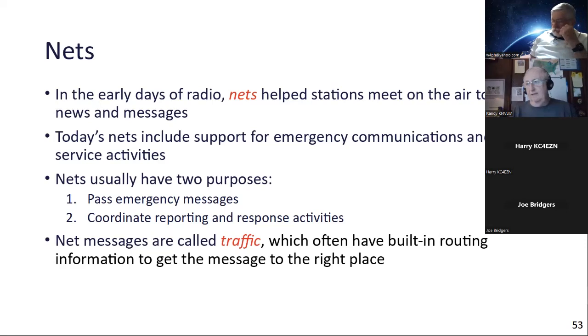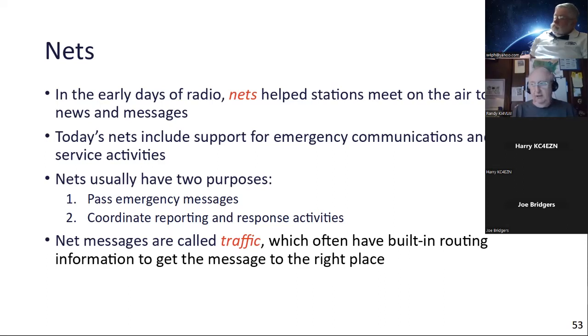Some nets are every night, some are once a week, even some are once a month. They are repeater or group nets. They are also HF nets. Once you get your general license, get on HF. There are quite a few HF nets.